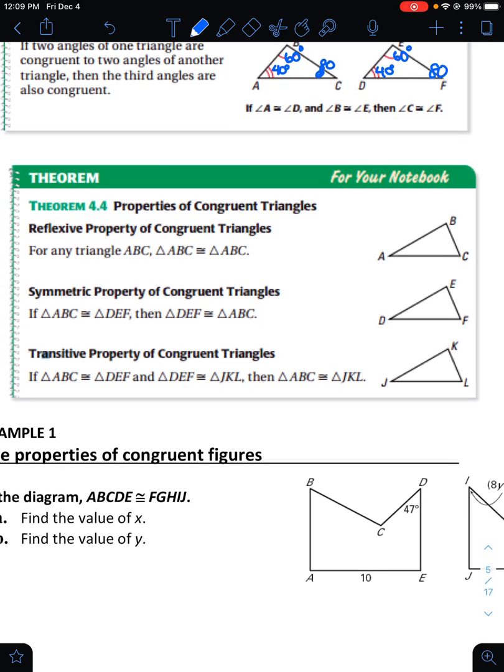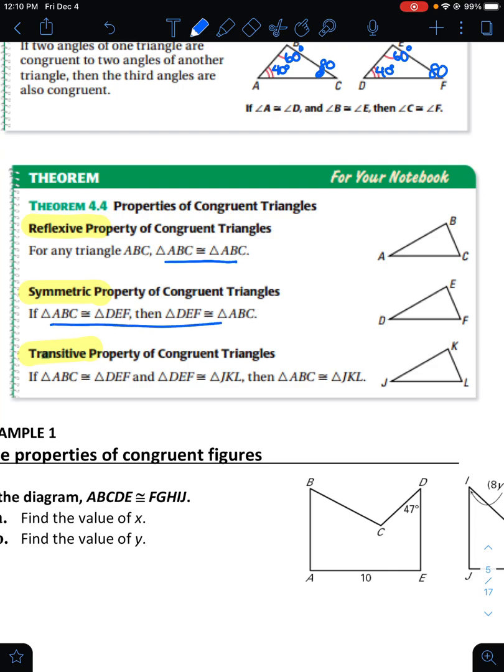Okay, this next group of theorems, we have the same reflexive, symmetric, and transitive properties that apply also to triangles. Remember, for reflexive, it's the same name back again. So triangle ABC is congruent to itself, triangle ABC.